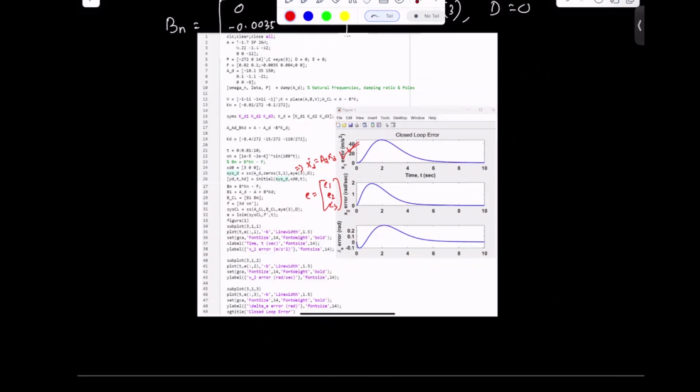And we can also track the desired dynamics, because in this plot, x1 is actually AD minus A, x2 is actually QD minus Q, and x3 is actually the desired elevator deflection minus the actual. As time proceeds, the error is going to 0. It means the system is going to converge to the desired dynamics.